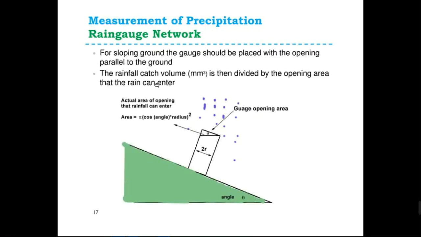Measurement of precipitation. For sloping ground, the gauge should be placed with the opening parallel to the ground. The rainfall catchment volume is then divided by the opening area that the rain can enter.